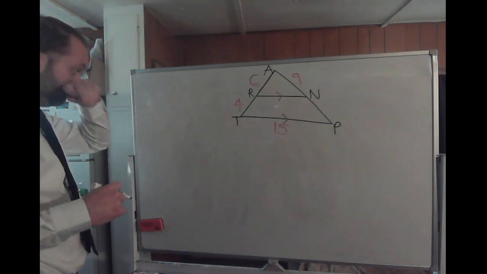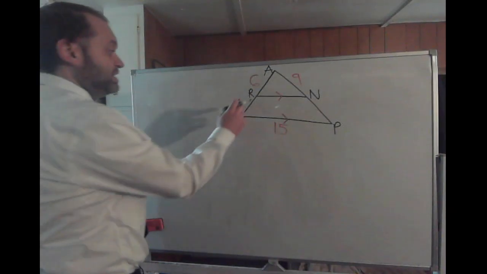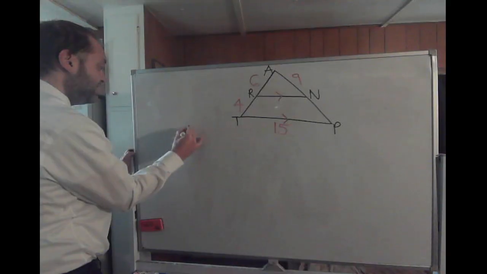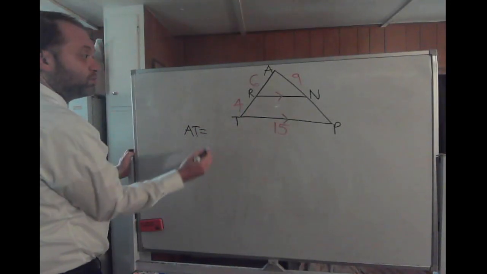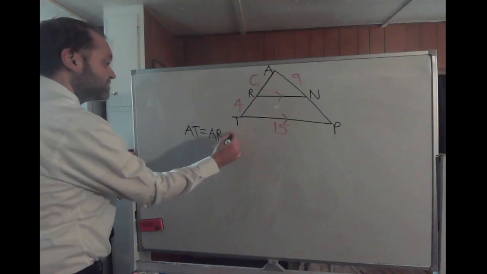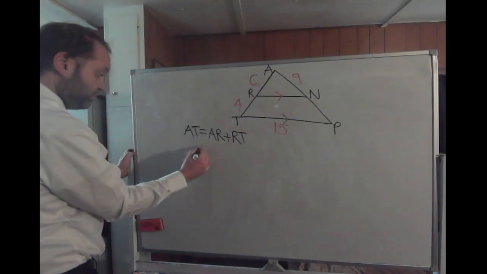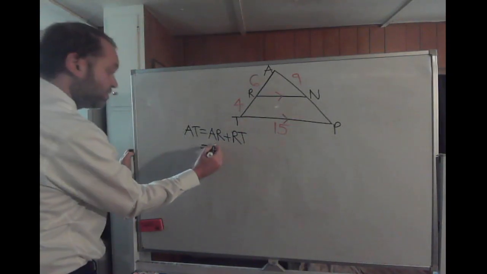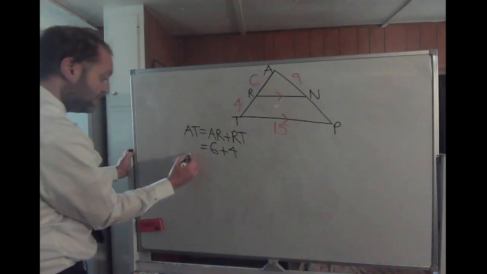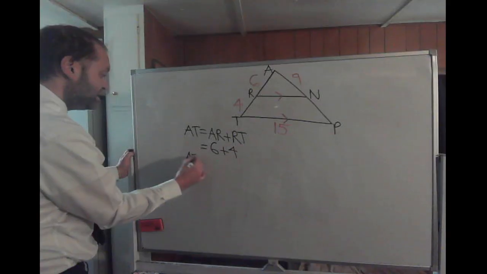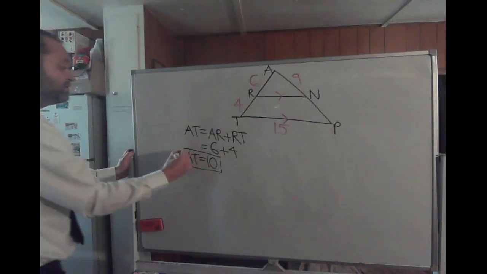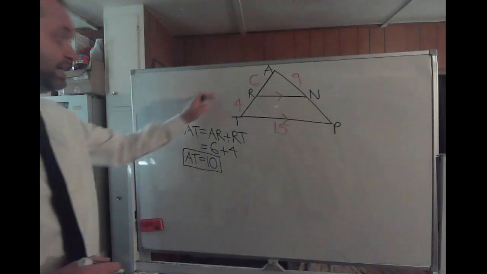Well, if we use the segment addition postulate, isn't it true that the length of AT equals the length of AR plus RT? AR is 6 plus RT, which equals 4. Therefore, the length of AT would have to equal 10. So we found the length of AT. That happens to be 10.